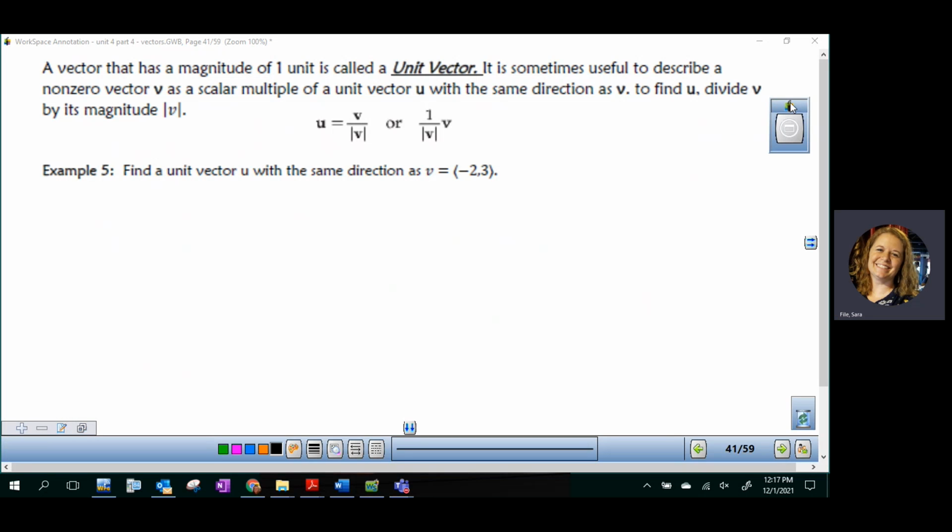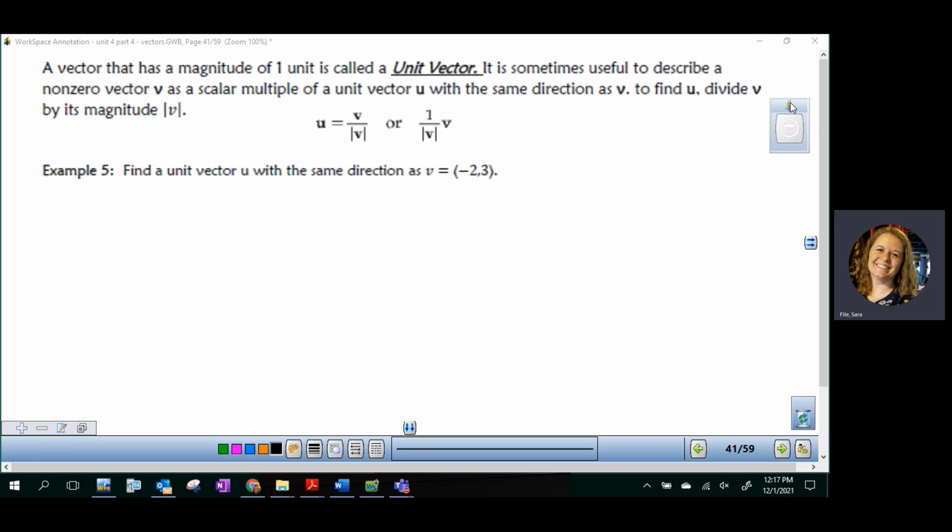All right. Now, a vector that has a magnitude of 1 is called a unit vector. Similar to how we called the unit circle because it had a radius of 1, right? And it was centered at the origin. So a unit vector is 1 unit long.